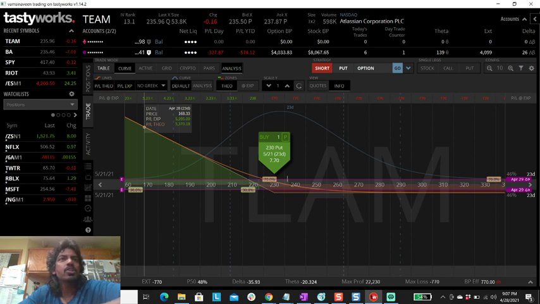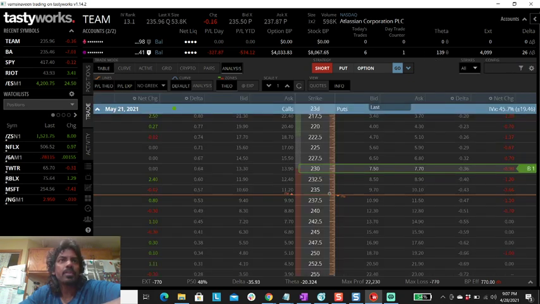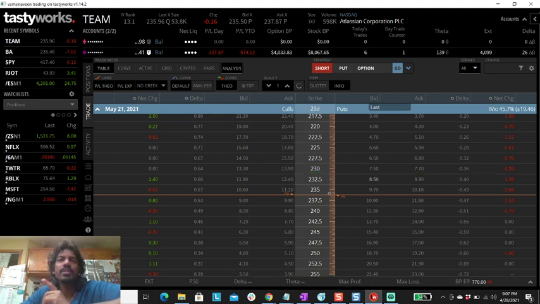But I also want to show you another option. I want you guys to think about the other side of the trade. So here's where things get kind of interesting. When you were bullish, when you thought that this stock was going to go up above 240, you bought the call option, right? But think about the other side of the trade.